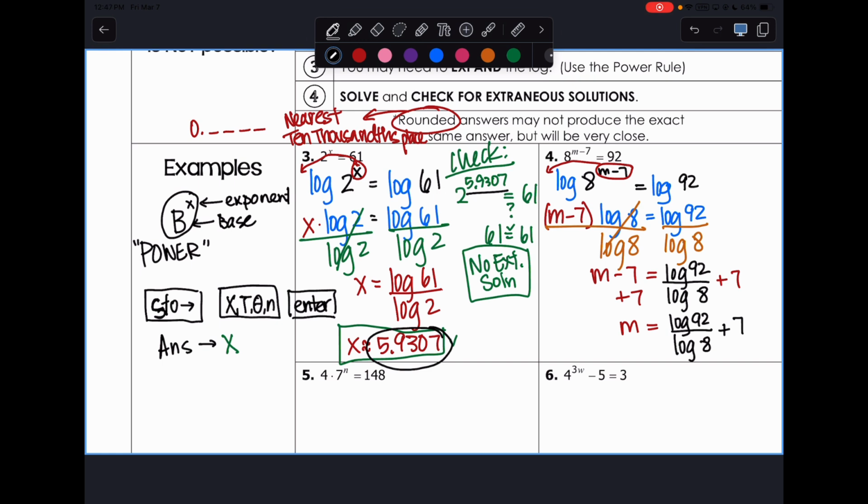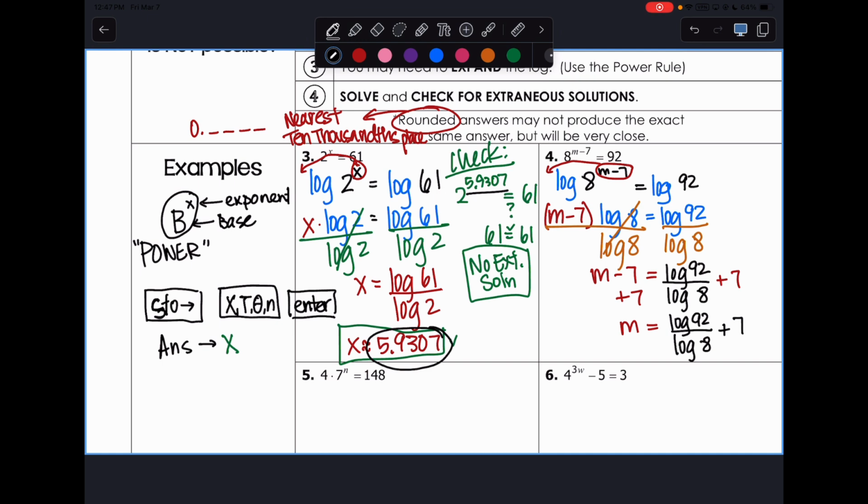If that plus 7 were actually on log of 8, then you would have to put the denominator entirely inside parentheses to make it do the adding first with log of 8. Does that make sense? Do you understand the difference? So in this case, you just put it in exactly like you see it: log of 92, close the parentheses, divide by log of 8, close it, then add 7 and hit enter.